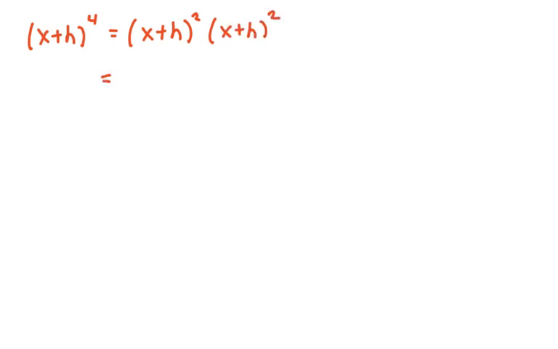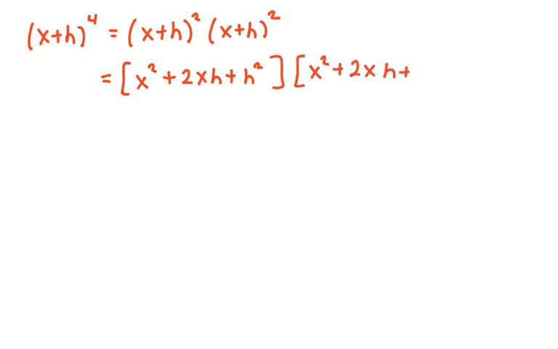And we talked about this earlier in this video, where we can write this as x squared plus 2xh plus h squared times x squared plus 2xh plus h squared. Notice in the first brackets we have 3 terms. In the second brackets we also have 3 terms.